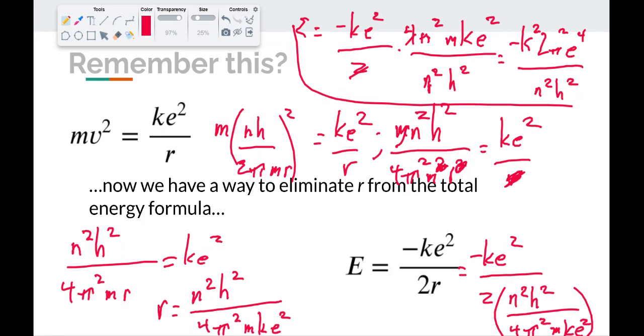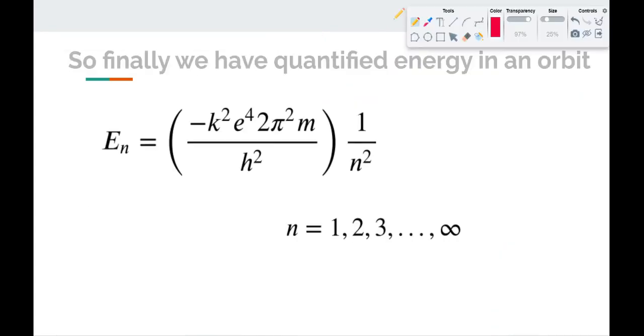So what he did was he saw a way to get towards something like Rydberg's equation by just pulling out all the constants and just separating the n squared term by itself. So when you do that, this is what you get. Negative k squared e to the 4th, 2 pi squared m over h squared times 1 over n squared, where n is a number that ranges from 1 to infinity through whole numbers.